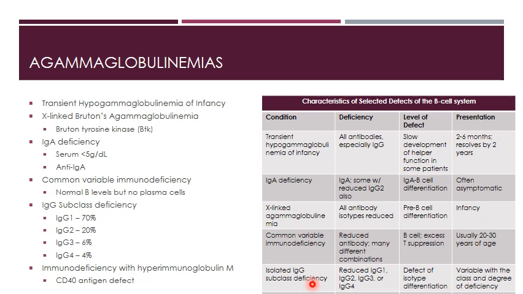So what does the BTK deficiency lead to? Well, the biggest problem is that you end up with almost no mature B cells. The marker that they're looking for is the CD19 marker.